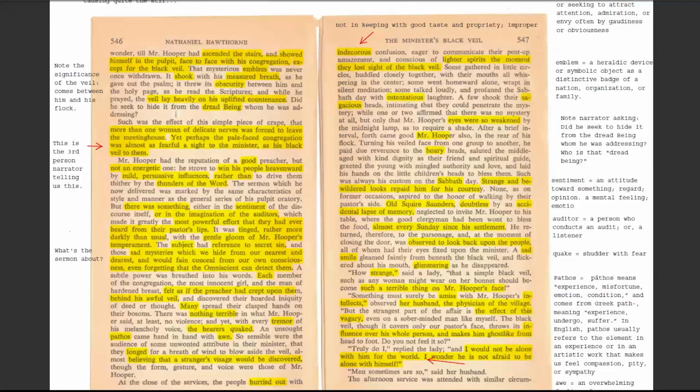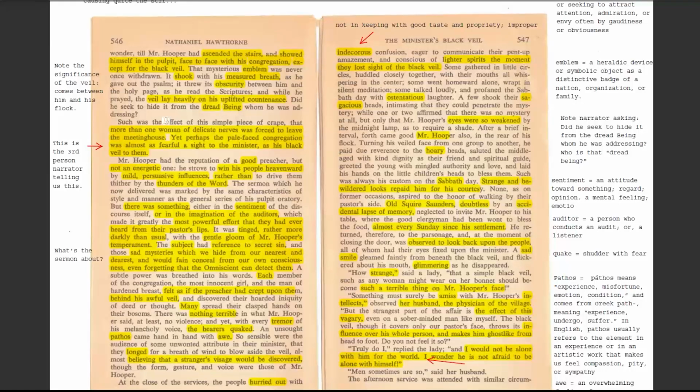Did he seek to hide it from the dread Being, capital B, whom he was addressing? So that's the third person narrator asking us a question. Did he, Hooper, seek to hide his face from the dread Being, God, whom he, Hooper, was addressing? He's not saying that that's what he's doing.